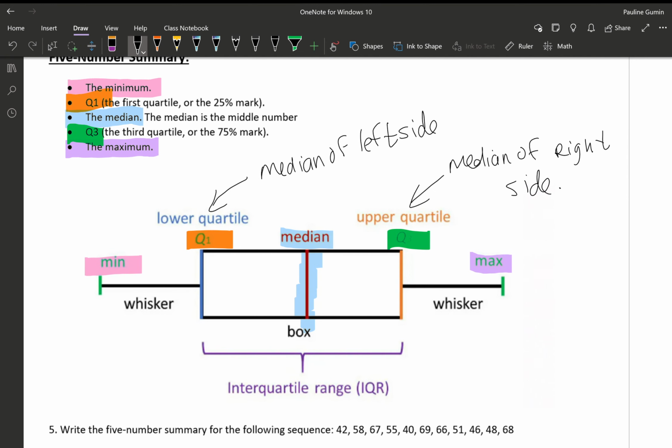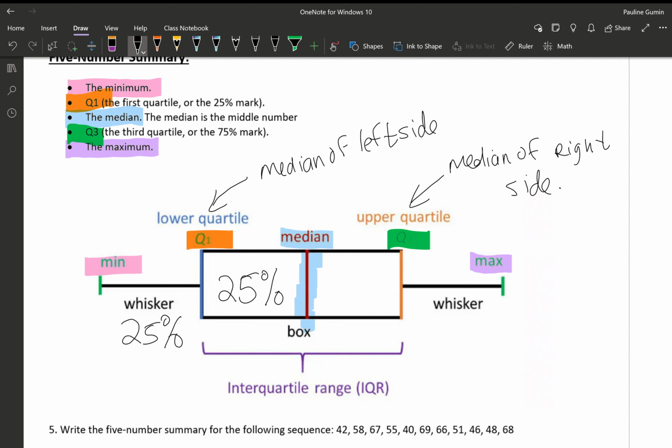Now, speaking of parts of our data, each part of this box and whisker plot is 25% of our data. It always holds that, no matter how it looks. The whisker on the left holds 25%, which makes Q1, the lower quartile, a representation of the 25% mark. This left-hand side of the box also holds 25%.